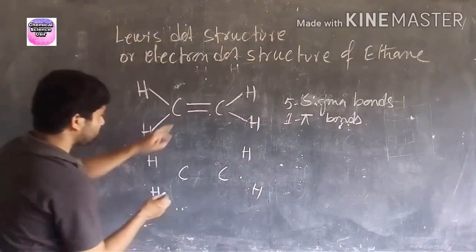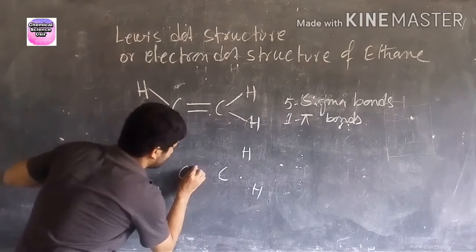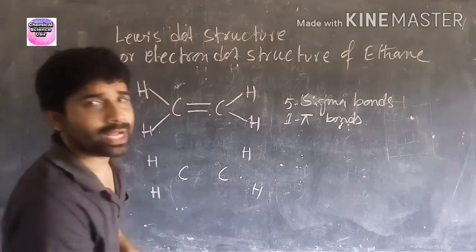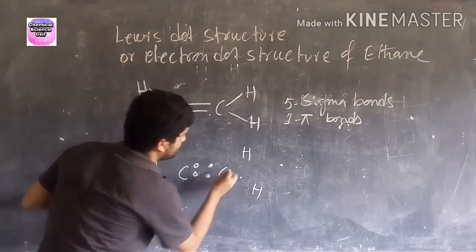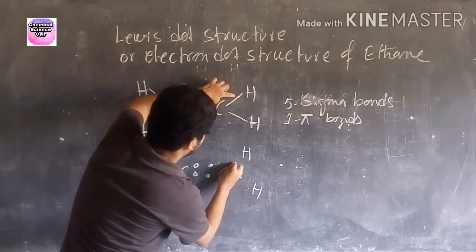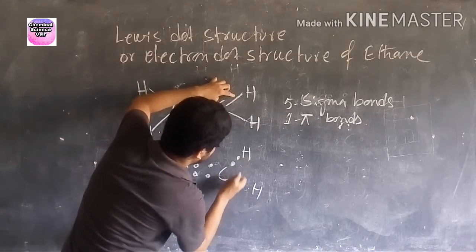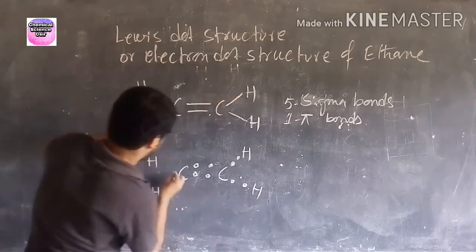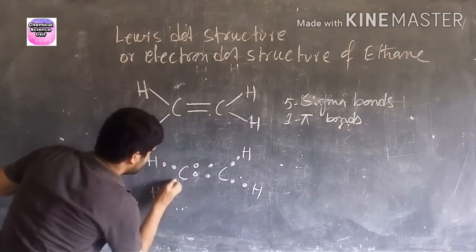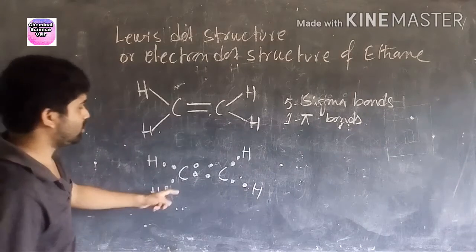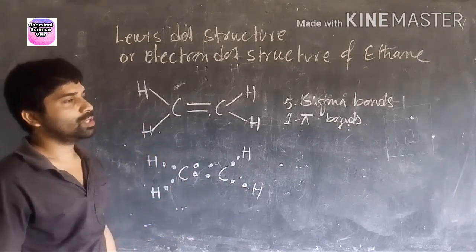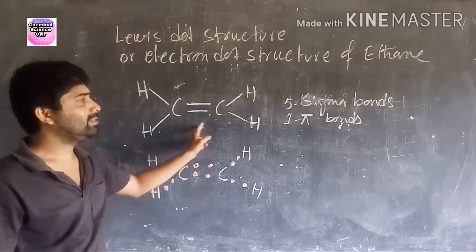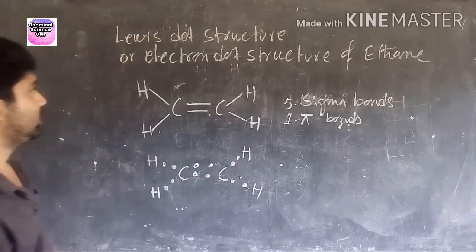After that, the double bond: each bond can carry 2 electrons, so 1, 2, 1, 2. Like this also you can represent. So this is the Lewis dot structure of ethene.